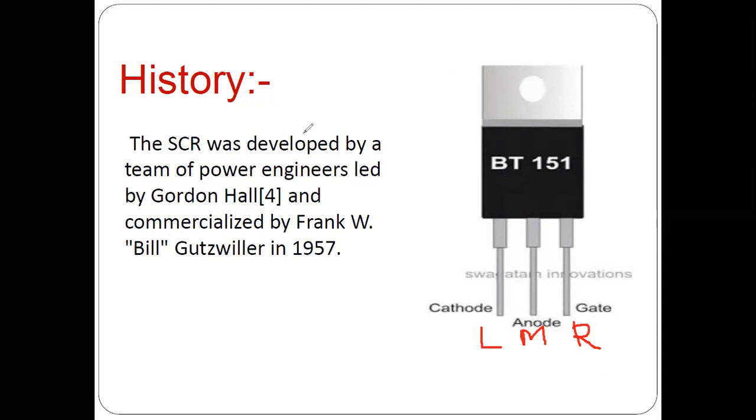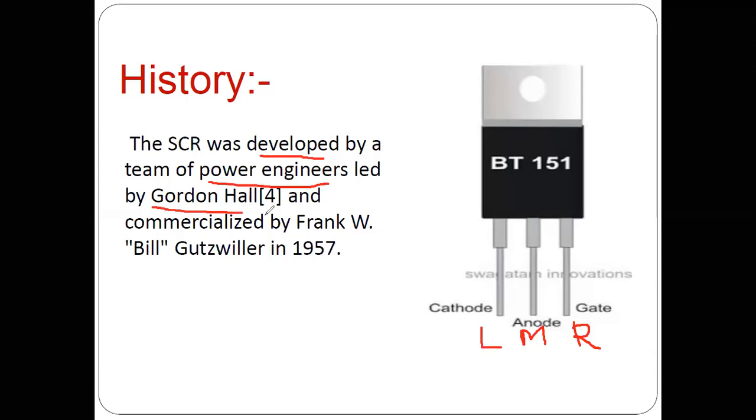And the history says that the SCR was developed by a team of power engineers. It is nowhere like a software engineer or hardware engineer. There was a team working behind this development, the power engineers, led by the inventor Gordon Hall. And then it was commercialized.